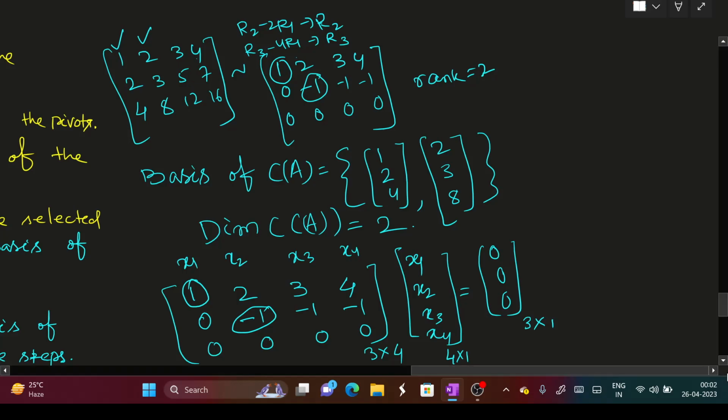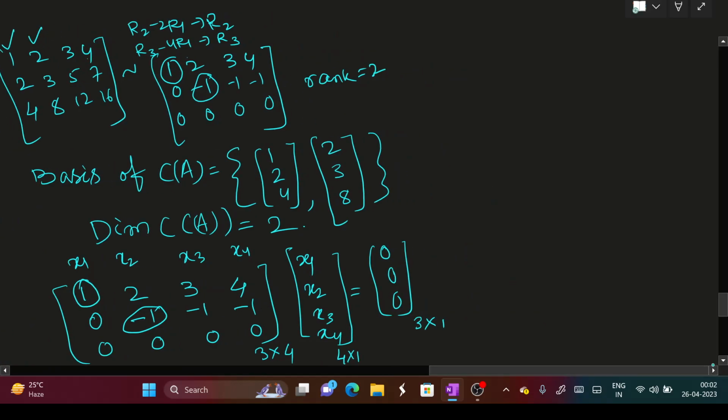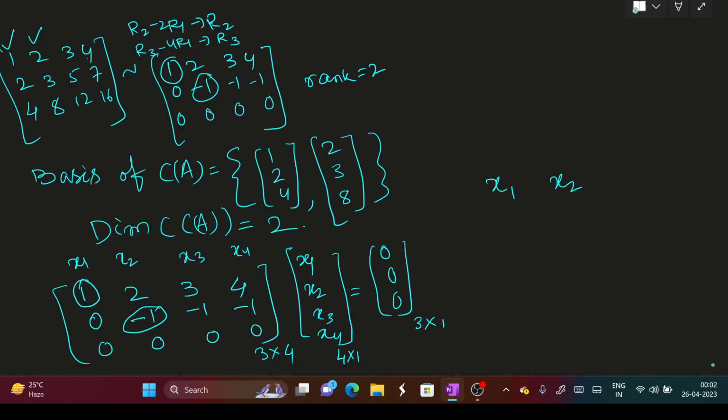So what are the equations and what are the free variables? x1 and x2 are pivot, the rest are free. So here I will assign 1 to x3 and 0 to x4, then 0 and 1. Now from the second equation, minus x2 minus x3 minus x4 is equal to 0.